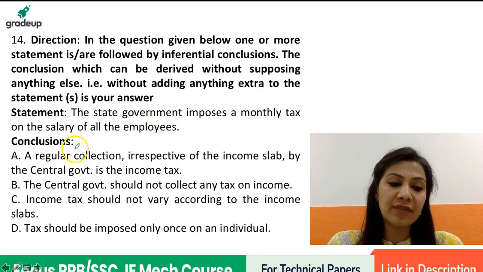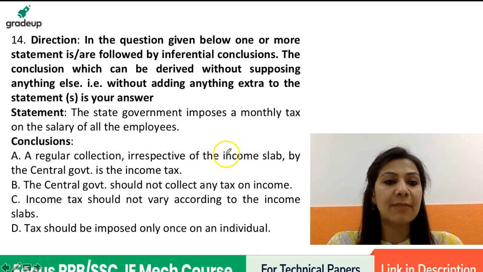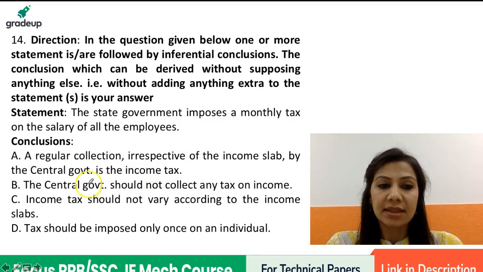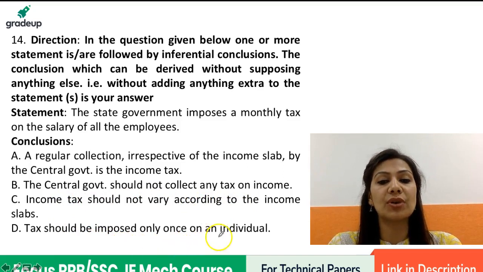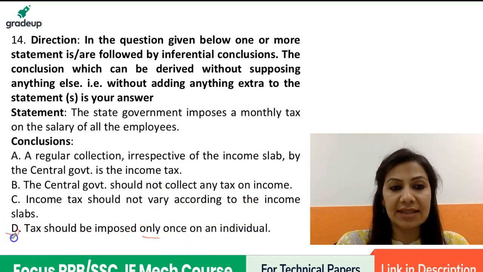Conclusion number 1 is: a regular collection irrespective of the income slab by the central government is the income tax. Second: the central government should not collect any tax on income. Third: income tax should not vary according to the income slabs. Tax should be imposed only once on an individual. So this is the only word we have been given. You can cancel it out.